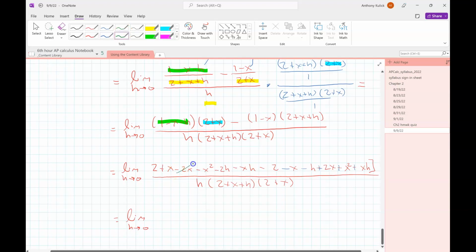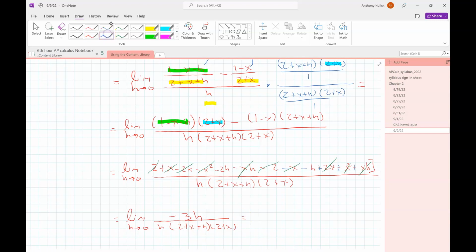And then let's combine some like terms. So I have minus 3h over... well, that certainly is a heck of a lot nicer, right?